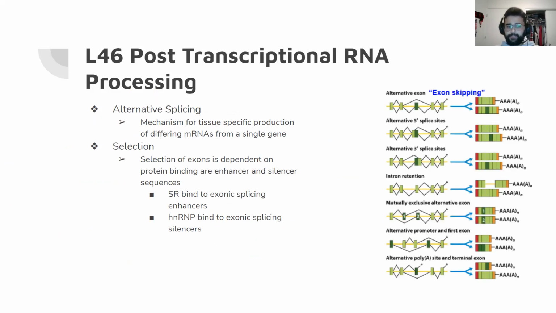I've never seen them ask in detail about these alternative splicings, like what's going to happen in an intron retention, or an alternative promoter and first exon alternative splicing. But take a look at them, and maybe understand a little bit. Just understanding the general mechanism, or just understanding what alternative splicing is, is more than enough in my opinion.